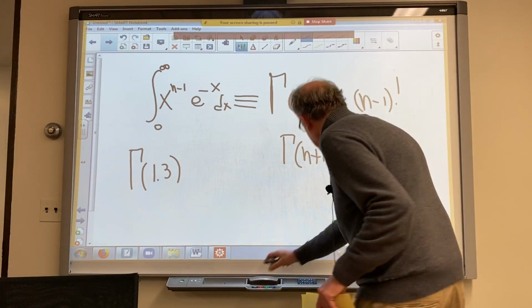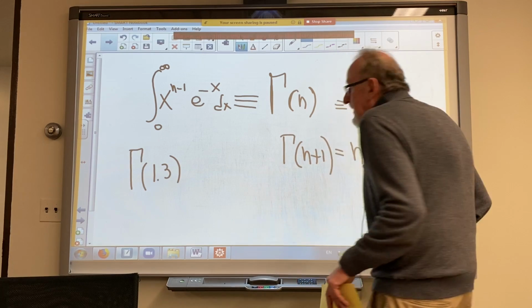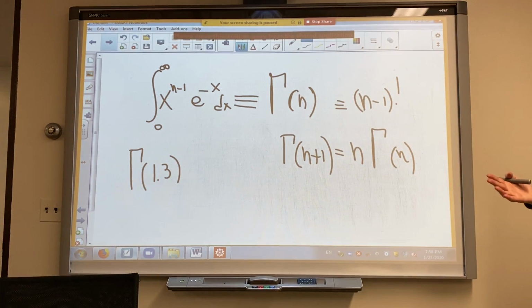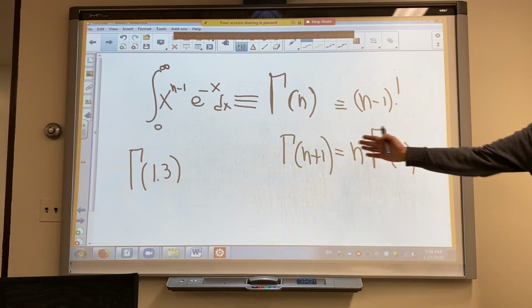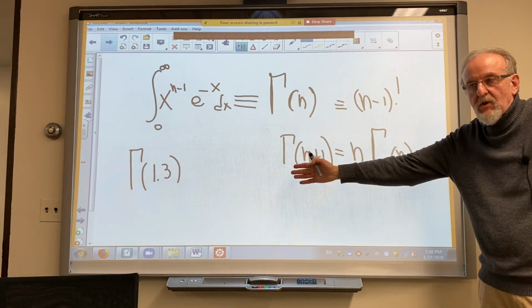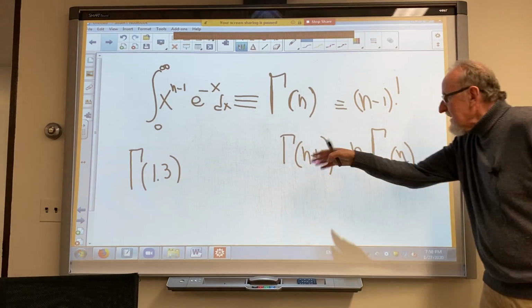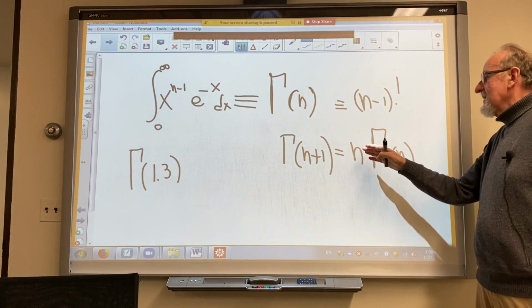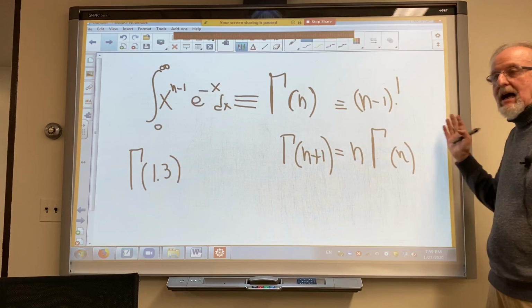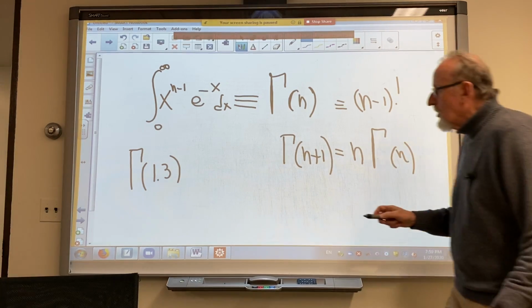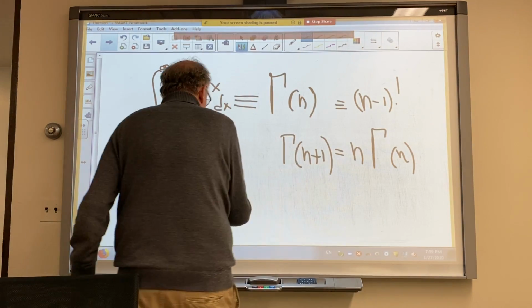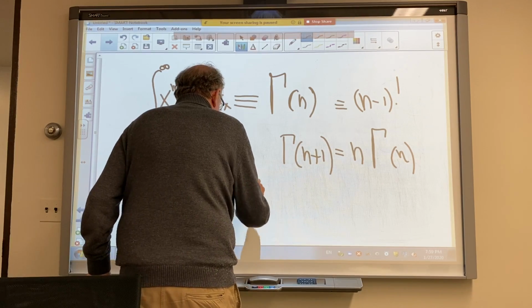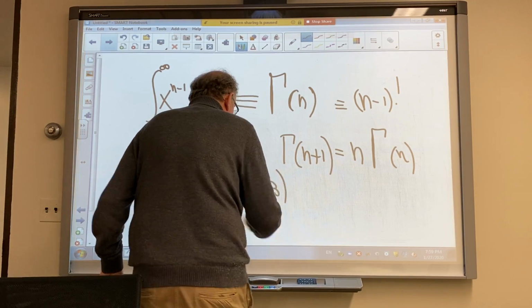So why is n all of a sudden no integer anymore? Well, you can use it to define a continuous function for any number. But this will be true for the same proof I did before. Gamma of any number is the previous number times gamma of that number. So gamma of 1.3 is 0.3 times gamma of 0.3.